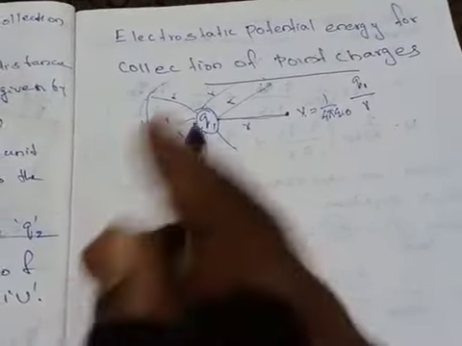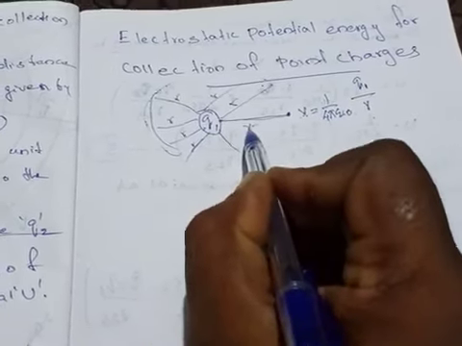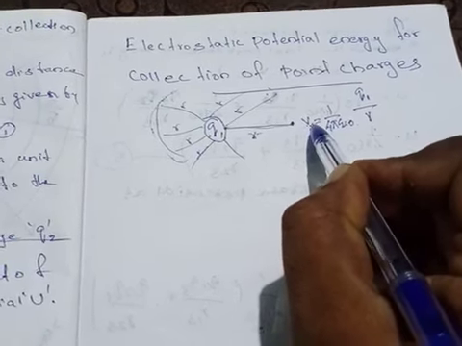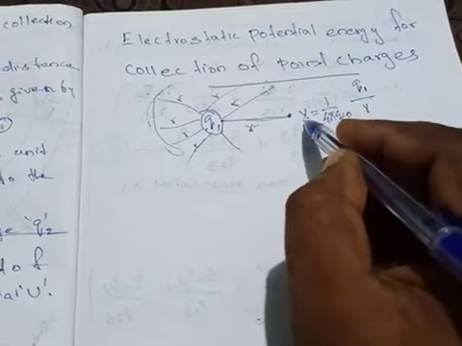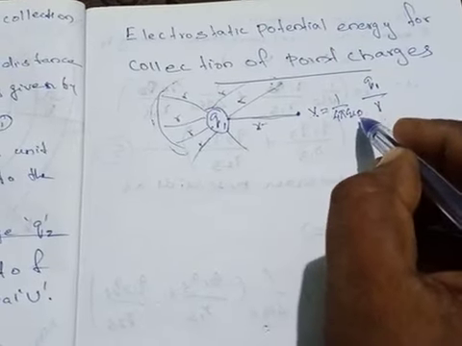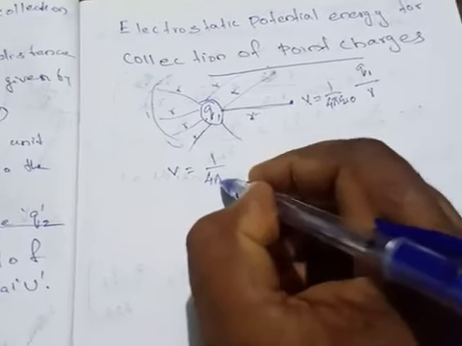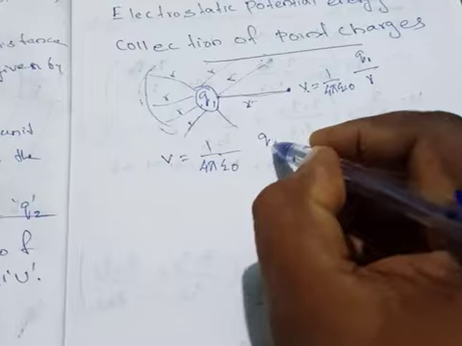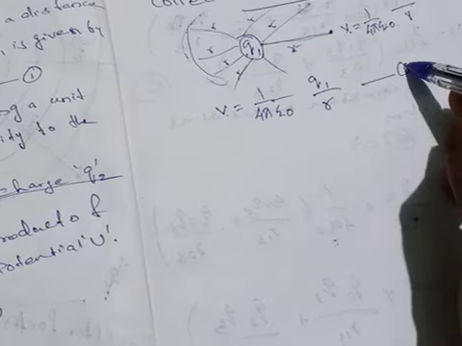Now I am taking one charge q1 kept at a distance r, so the electrostatic potential at a point at a distance r from the point charge q1 is given by V is equal to 1 by 4 pi epsilon 0 q1 by r. You can take this as equation number 1.